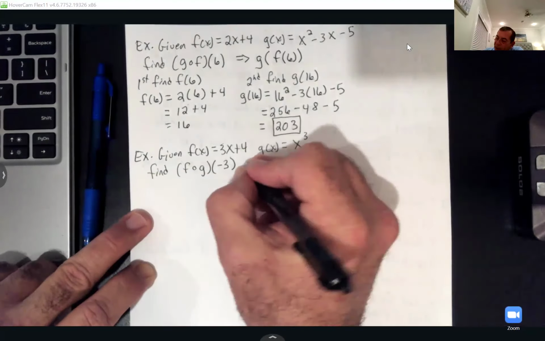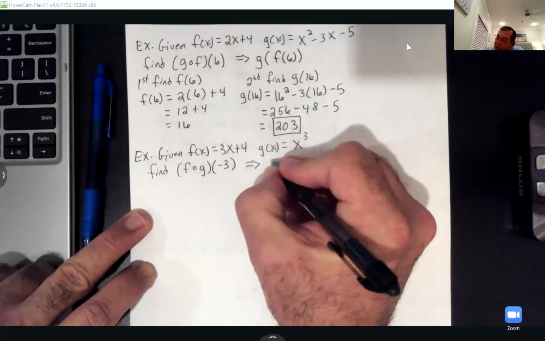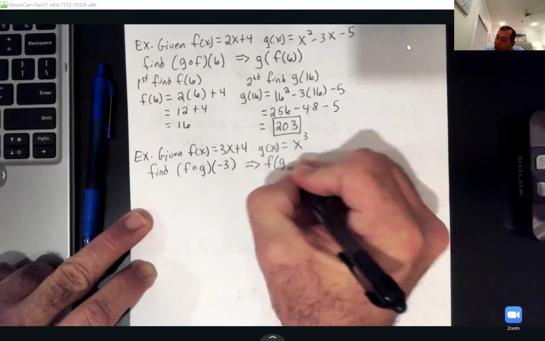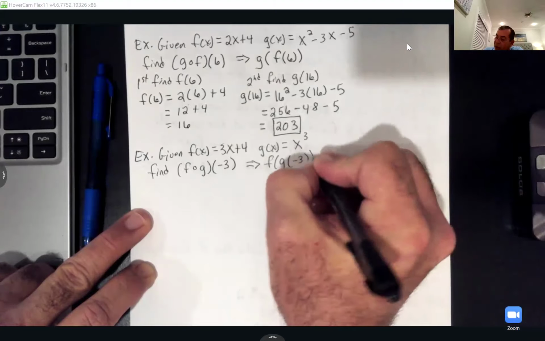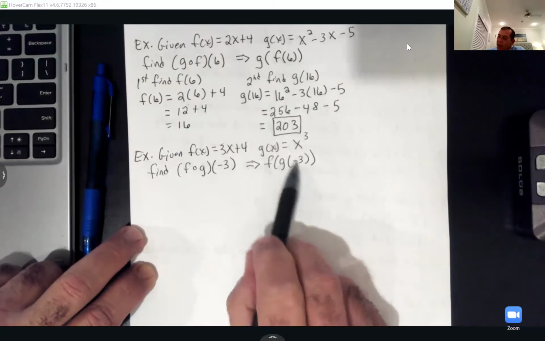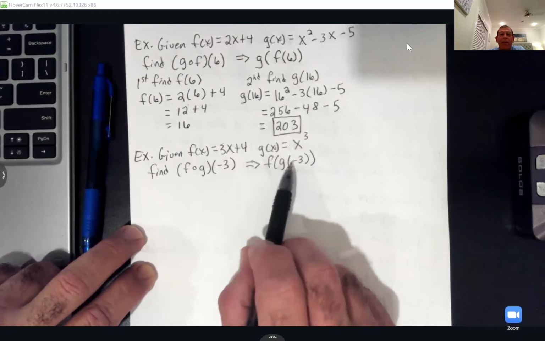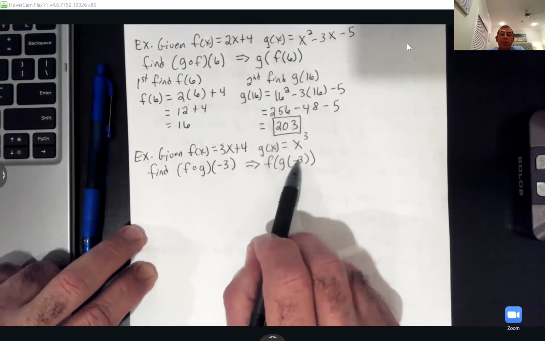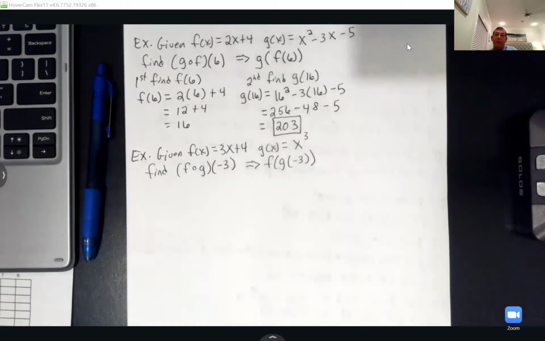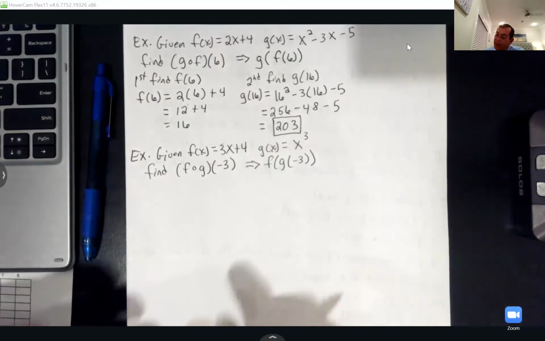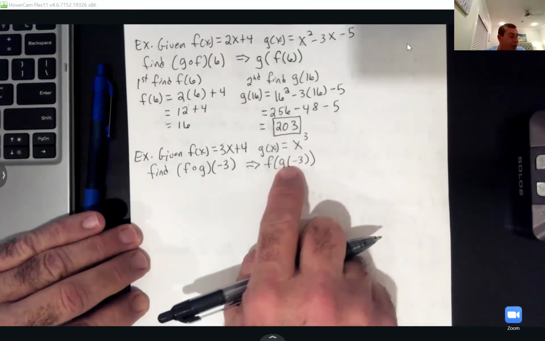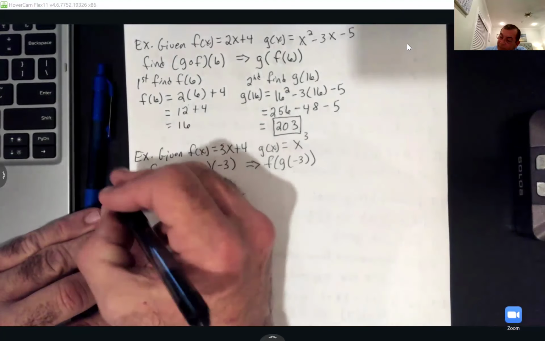All right, so remember, this notation is like F of G of -3. And the reason I write them like this is so that I can see order of operations. You always start with the innermost and work your way out when all that stuff's in parentheses. So the first thing we find is the G of -3.